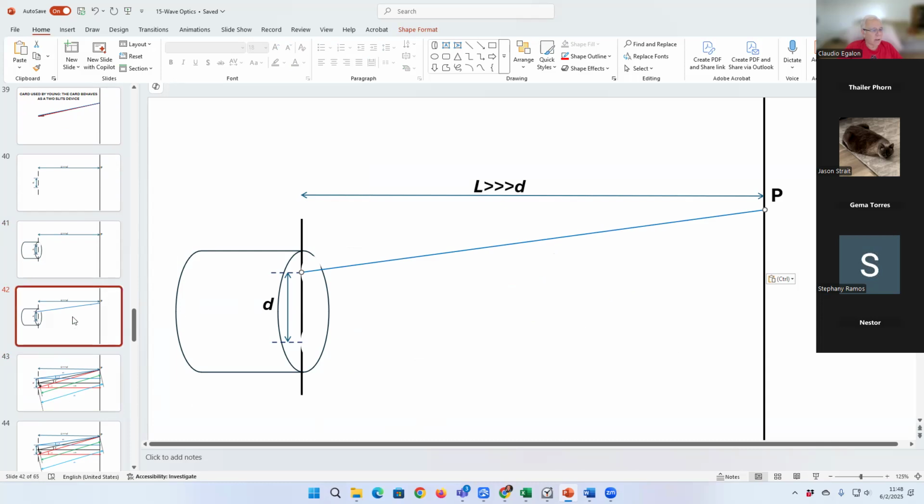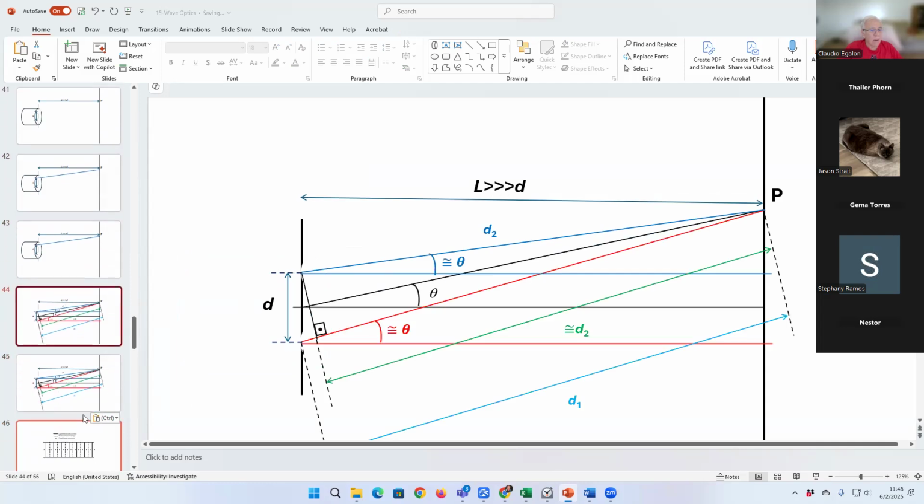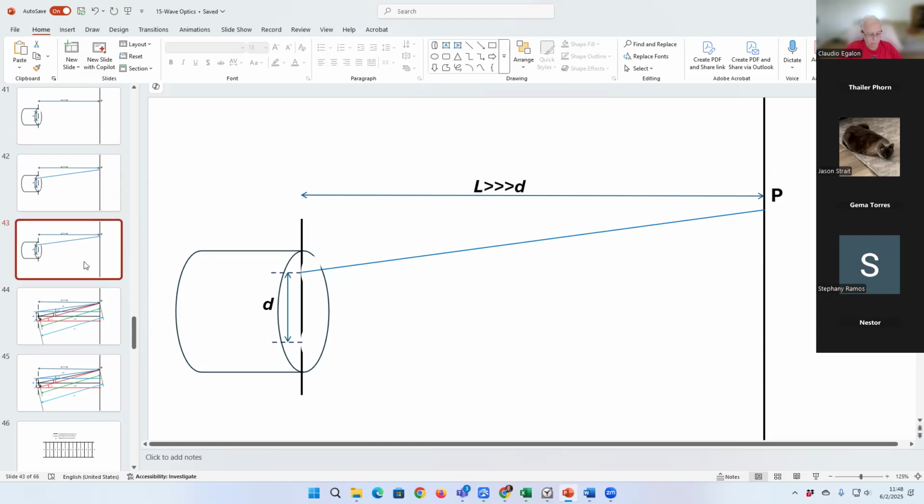And another light ray propagating from the lower slit. And those two light rays are going to meet at this point here on the screen. Not just at this point, but at several points along this screen.